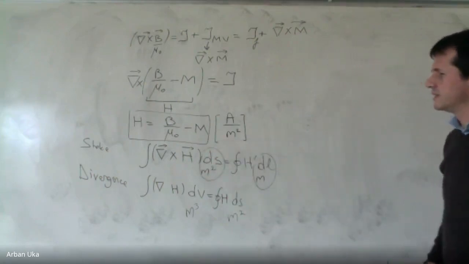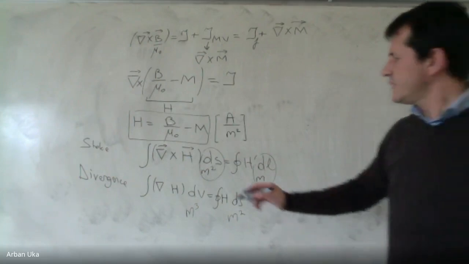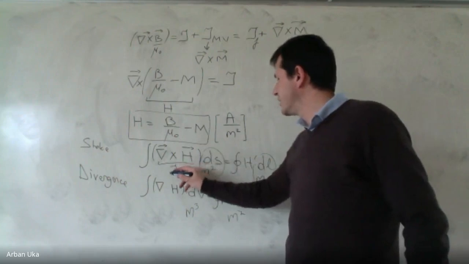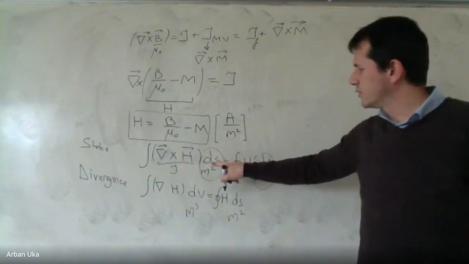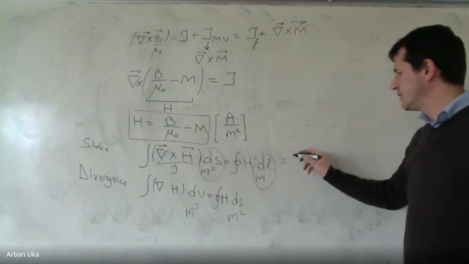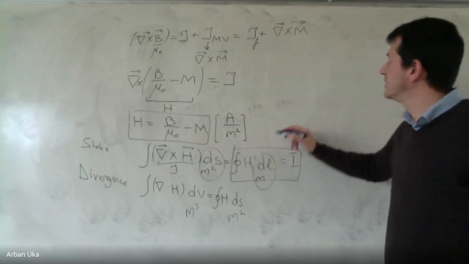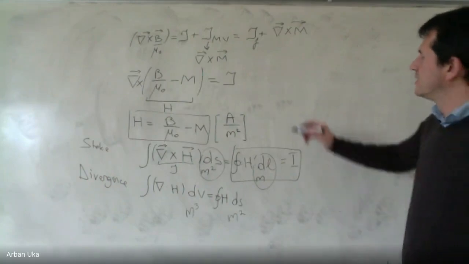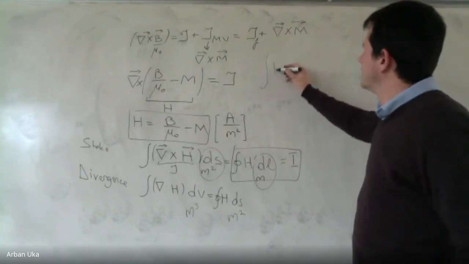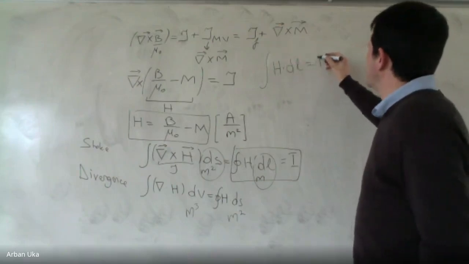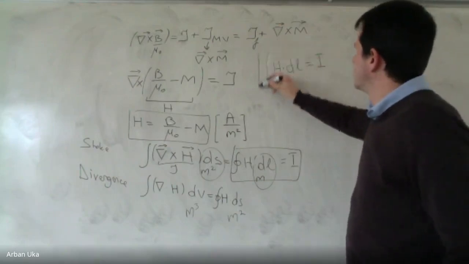And meanwhile, we know that this is a curl of H. This is simply J, right? And J integral with ds is equal to I. So here we derive a new important quantity, which states that the integral of the magnetic field intensity over some closed loop is always equal to the current.